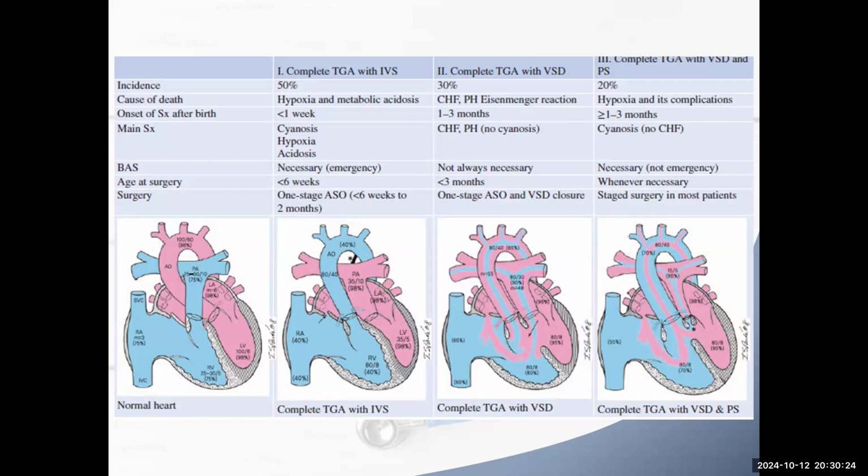Okay? Some patients who have VSD also have PS. This is the third type, which is called DTGA with VSD and PS. This patient has one advantage and one disadvantage. One advantage, as we'll say after that, is that this patient could survive for 1 year and do the operation after 1 year, which is called Rastelli operation. Okay?